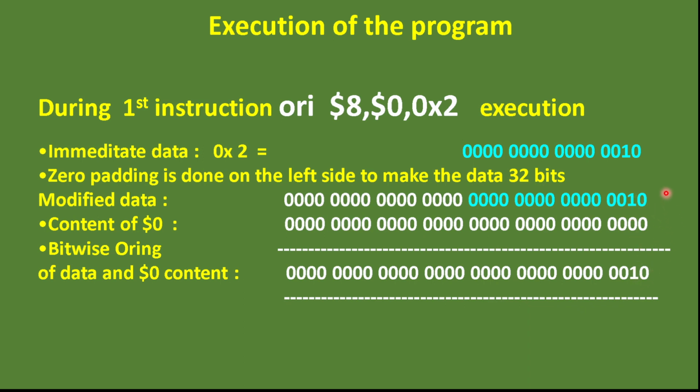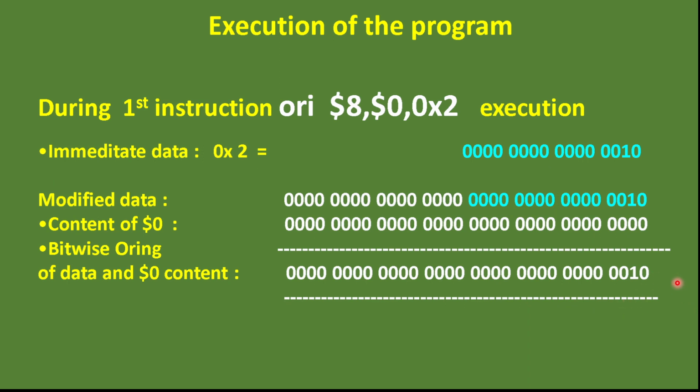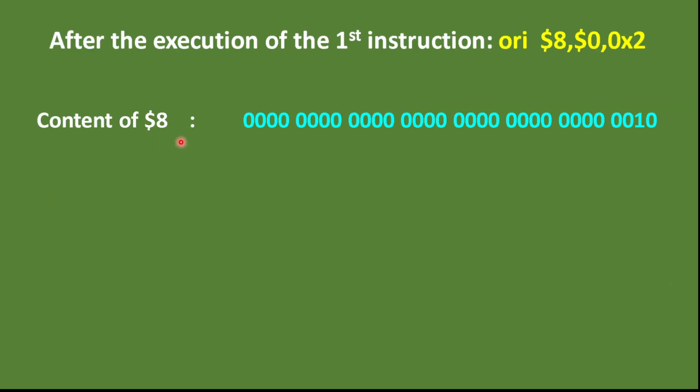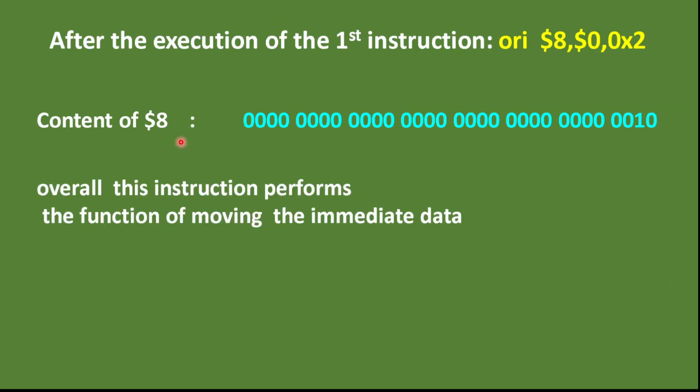If you have 0, 1, again you will get a 1, and for 1, 1 you will get a 1. Okay, that is the combination, or the truth table, we very well know. So this is the result of the operation, and this result will be moved to $8 or register 8. So overall this instruction performs the function of moving the immediate data 0x2 into the 8th register.